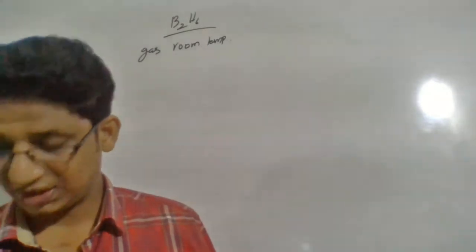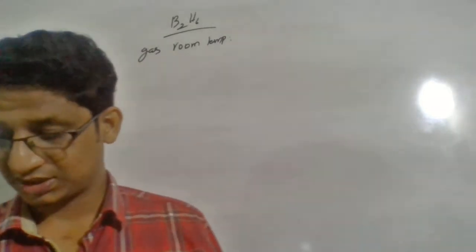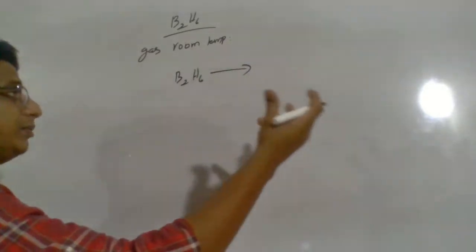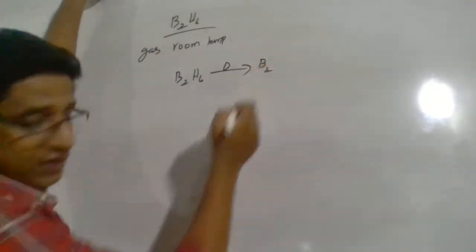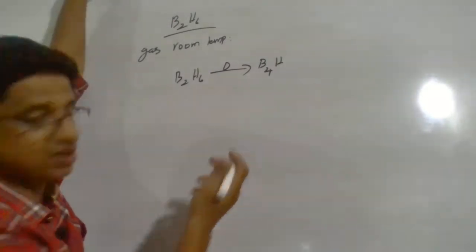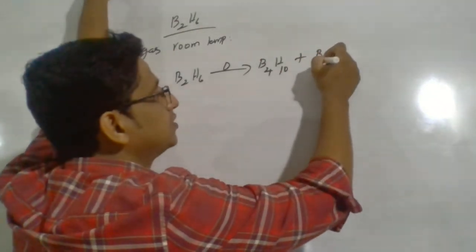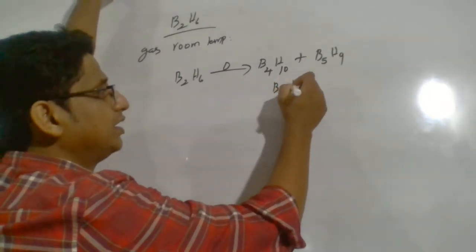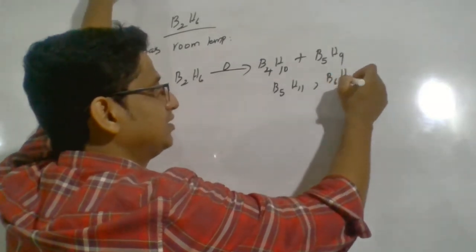Talk about stability. Diborane is reasonably stable, but at a high temperature it decomposes. So diborane decomposes at high temperature to give higher boranes. That is not a different type of diborane: B4H10, a higher borane that you generally get when you heat diborane, then B5H9, B5H11, B6H10, etc. That's the way it goes.